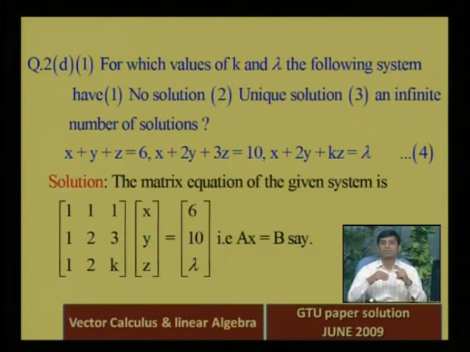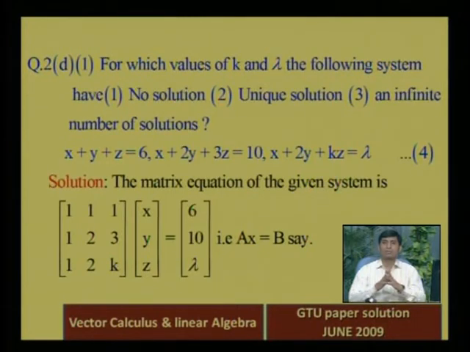The second condition: if there is any zero row, meaning the entire row contains 0 elements, it should be at the bottom of the matrix. The third condition: going from above to below, the leading entry moves from left to right. If these 3 conditions are satisfied, then your matrix is in row echelon form.